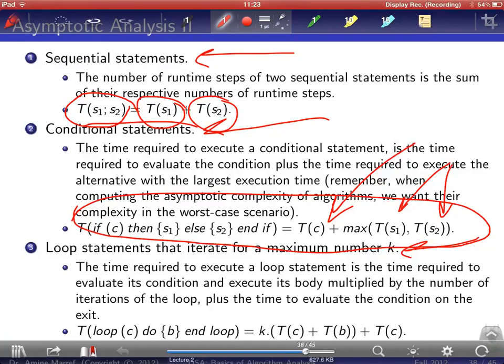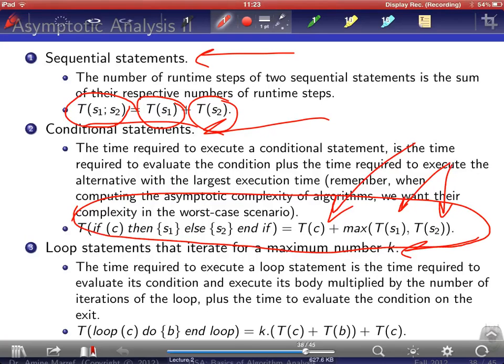So k starts at k equals 1. And so it's going to check if 1 is less than or equal to 10, and then execute x plus plus, and then 2 less than or equal to 10, x plus plus, and until 10 less than or equal to 10, and x plus plus, and then there must be some k plus plus here as well, and then it becomes k equals 11. It checks here and it exits.